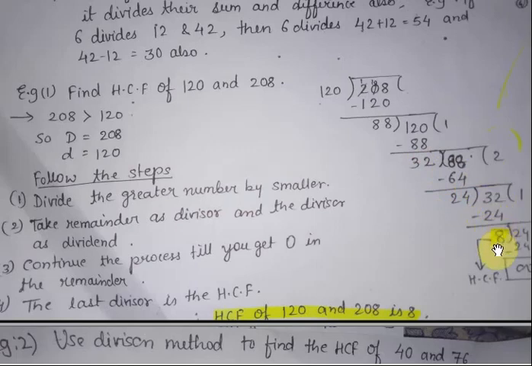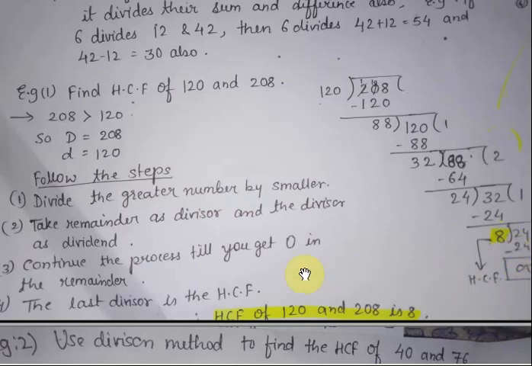The remainder is 8. Again we write this divisor as a dividend and see whether it is divisible by 8 or not. 24 is divisible by 8 three times. We write 3 here, and the remainder is 0.